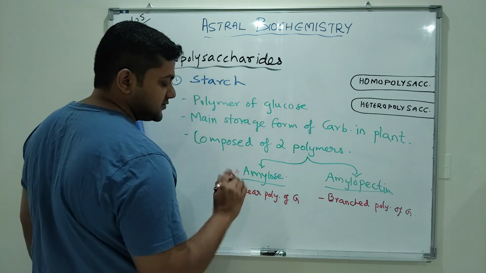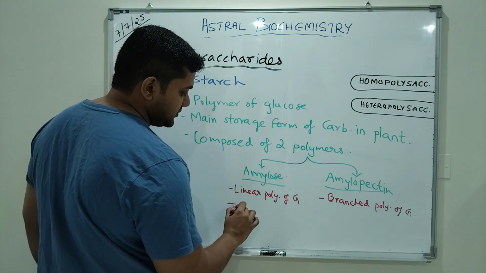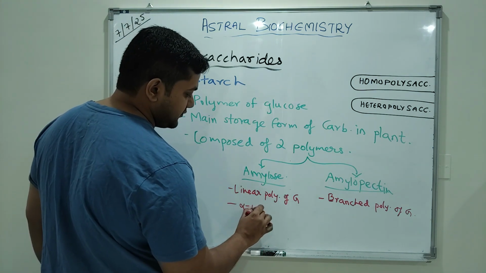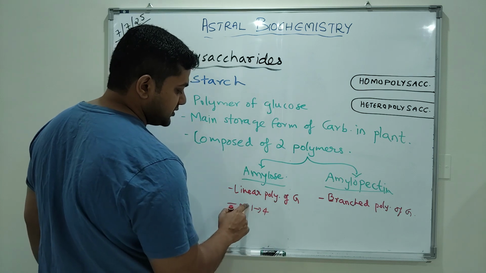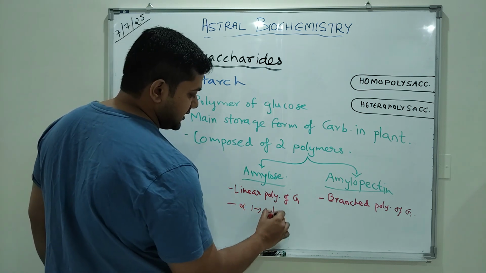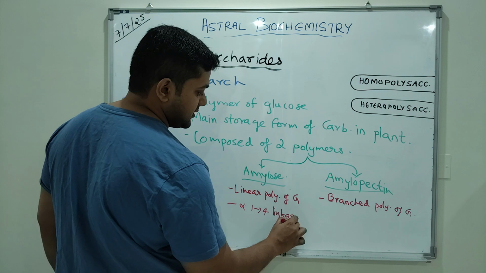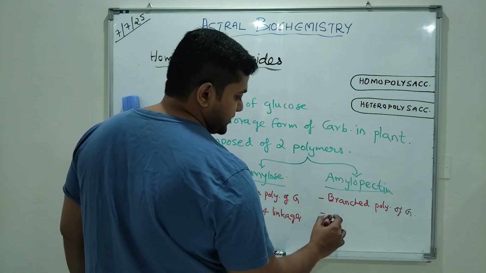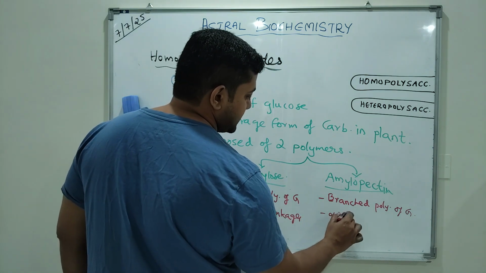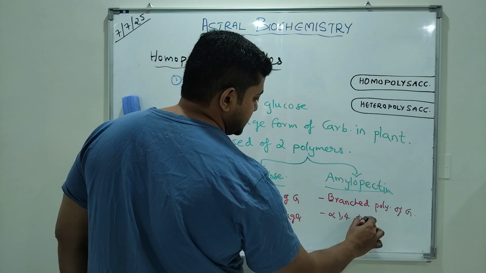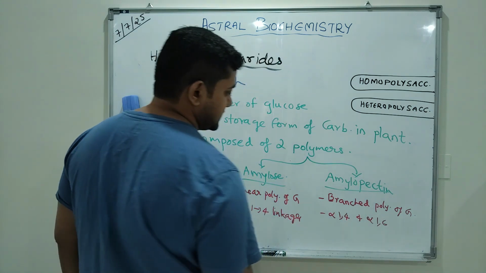Now here, because it is linear, all the linkages will be alpha 1,4. But because there is branching in amylopectin, you can see both alpha 1,4 and, at the branching, alpha 1,6 linkages.